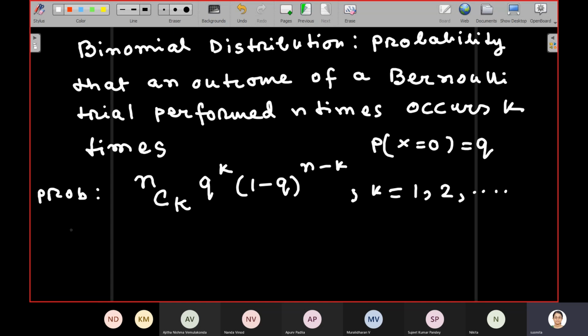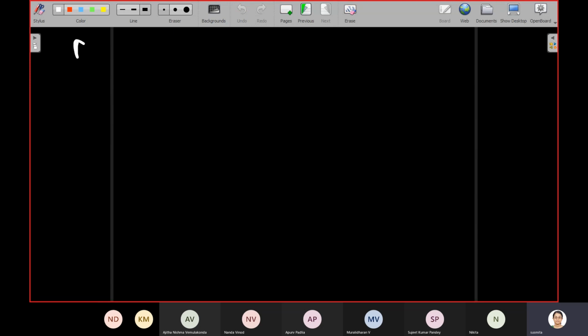The third one and the last one is the Poisson distribution. Here we are interested in the probability mass function.